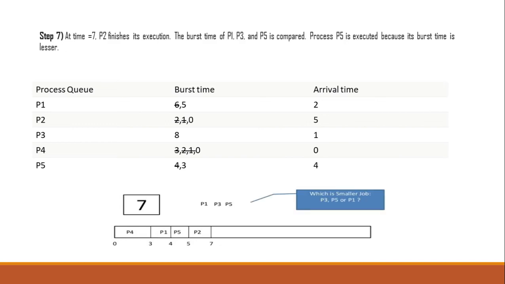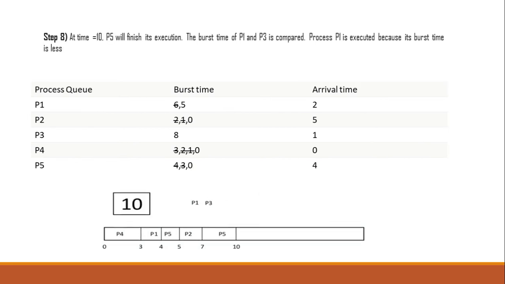Here, all of the processes have come into the environment. Therefore, SRTF acts as non-preemptive SJF scheduling, and no preemption is needed. All the processes run for their remaining burst time.